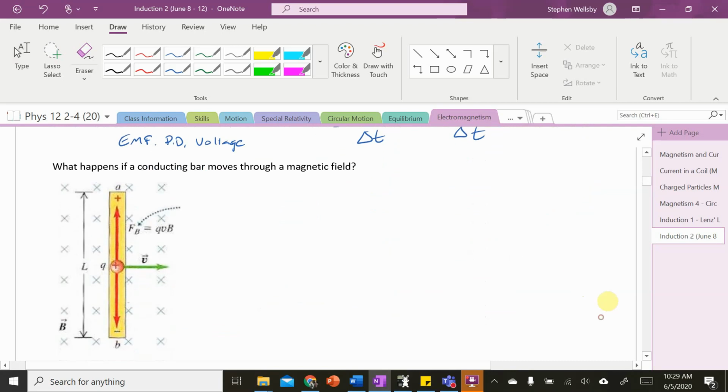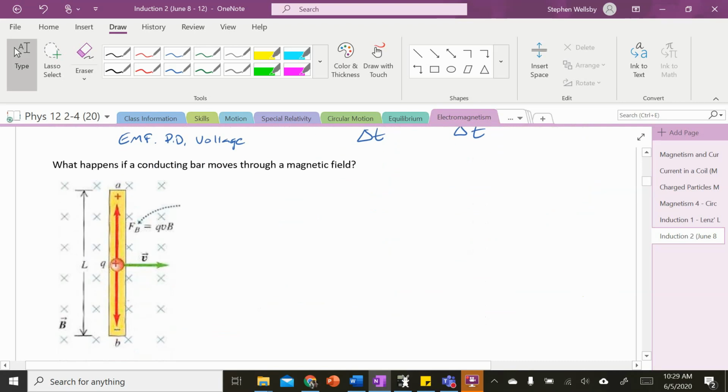Now, last class we talked about Lenz's law. With Lenz's law, we were dealing with potential difference in a coil. We always were referring to a coil, and this was the one where we said if all of a sudden we have more flux going into a loop, then we need to create an EMF or a current which opposes that.